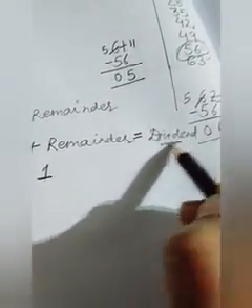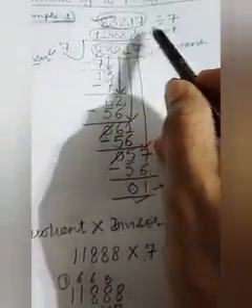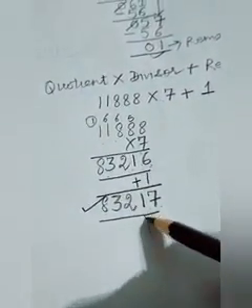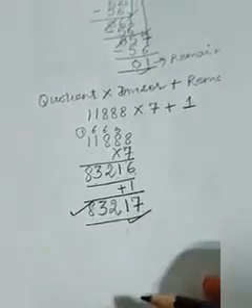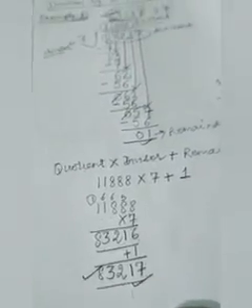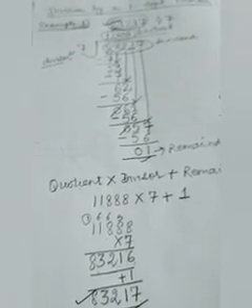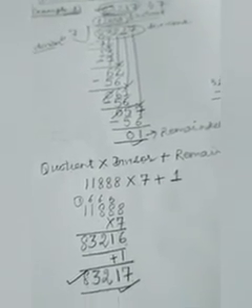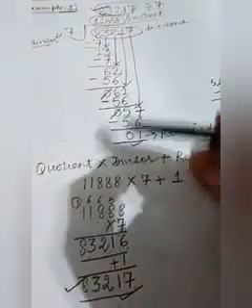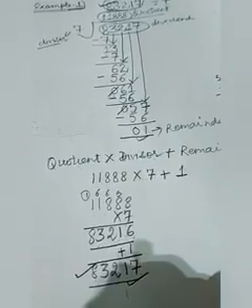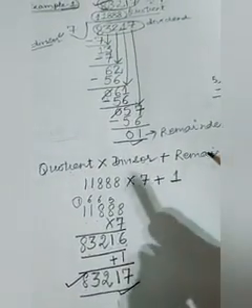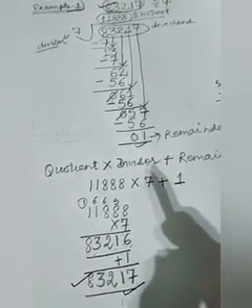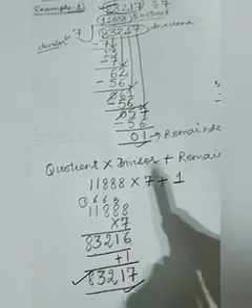And what is the dividend in this sum? 83,217, and we are getting the dividend 83,217. Like this we can also check whether our sum is correct or not. If this is not matching with the statement, there is a problem in our calculation, so we can check our sum again to find where the problem is, and after that we can make our sum correct.